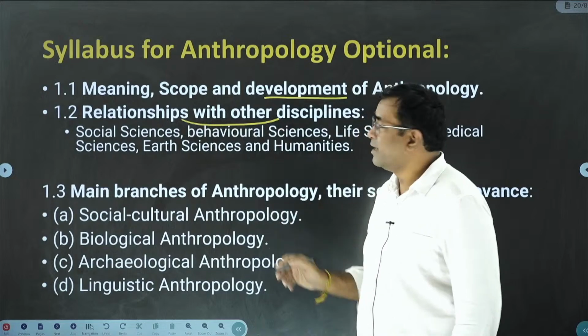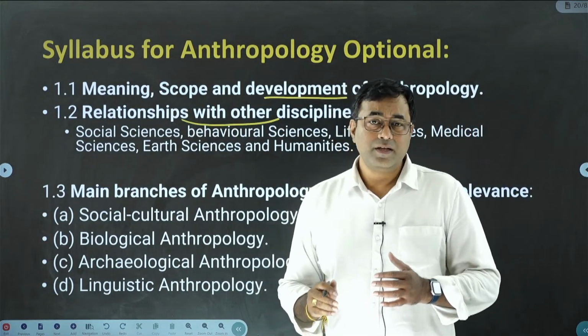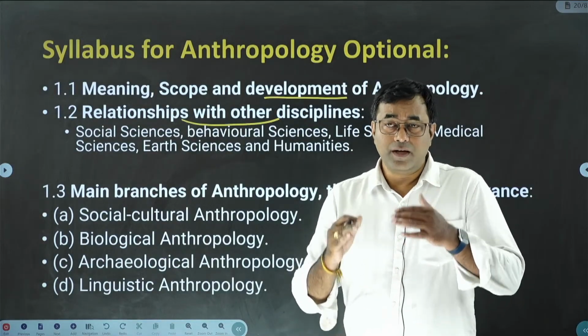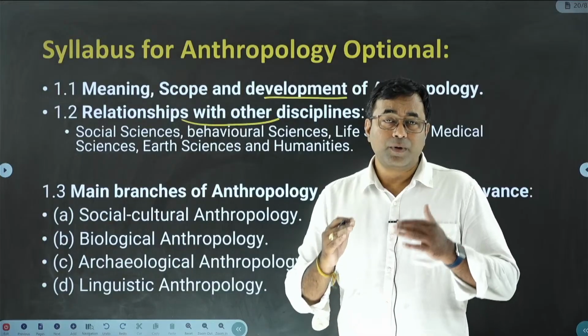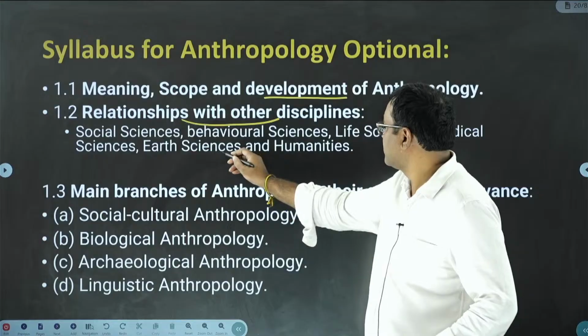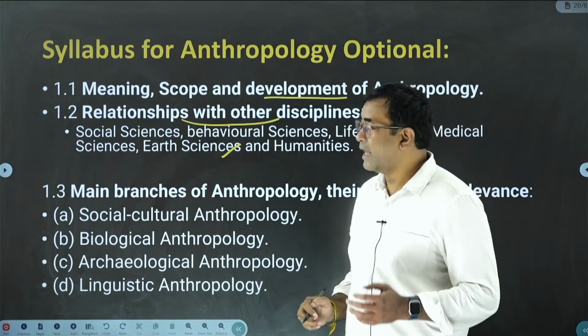relationship with other disciplines. Why have they mentioned this? The anthropology-related concepts or topics were not with anthropology earlier. Some topics were with history, some with earth sciences, humanities, sociology, medical sciences, life sciences.